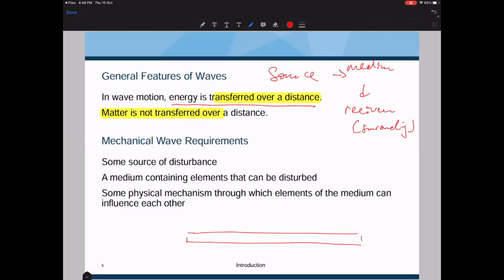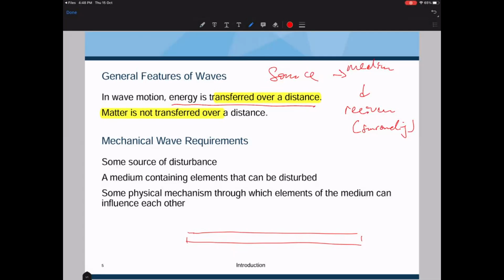Particles would not be all of a sudden focused at one end. It would still be in the shape of a string. Or in the case of the sea waves, particles are just oscillating up and down. During the process, energy is transmitted, but the particles, after the wave has gone through, will remain in the original position.